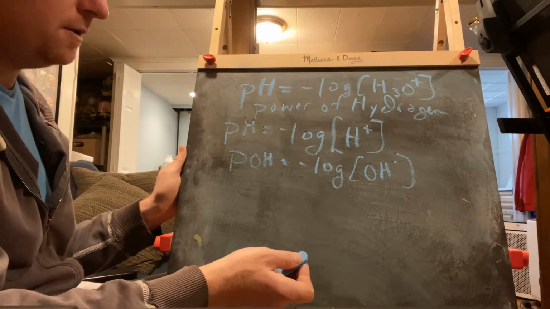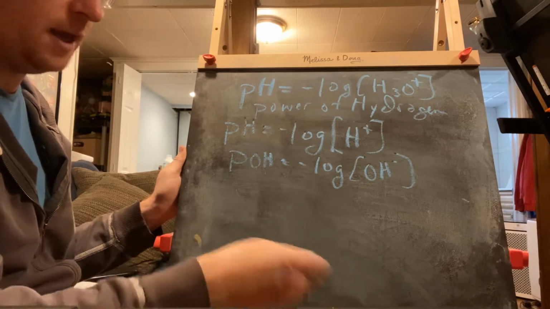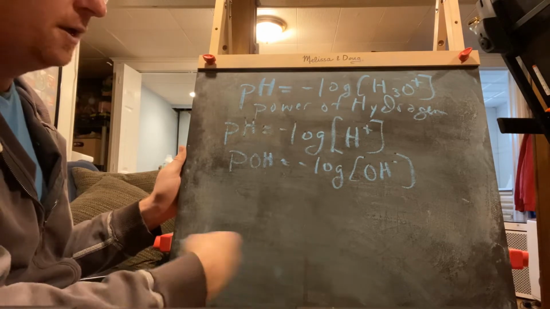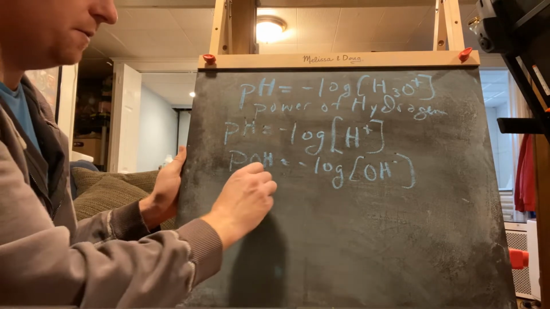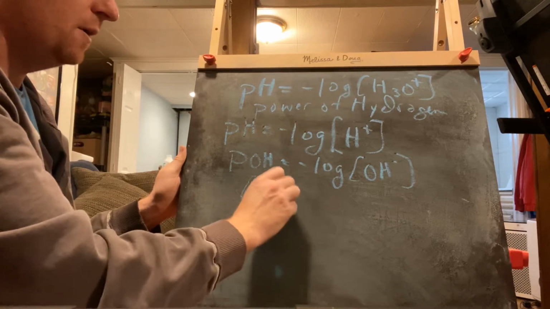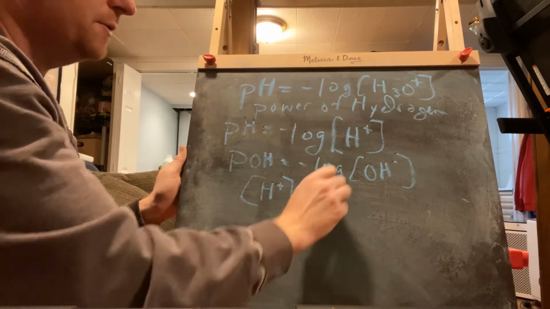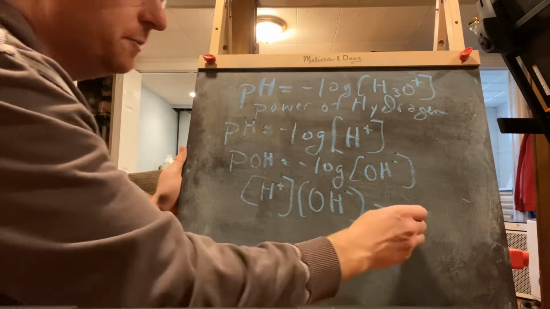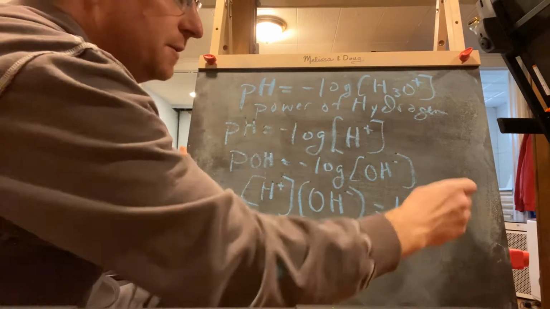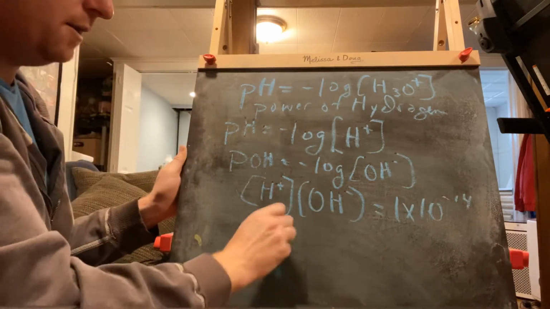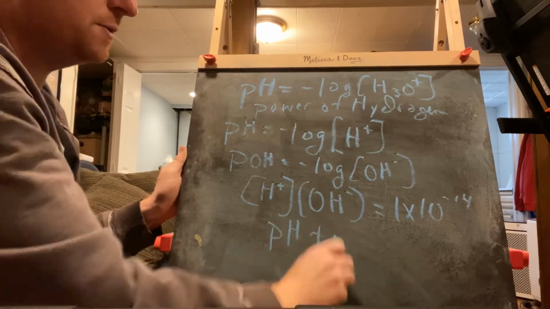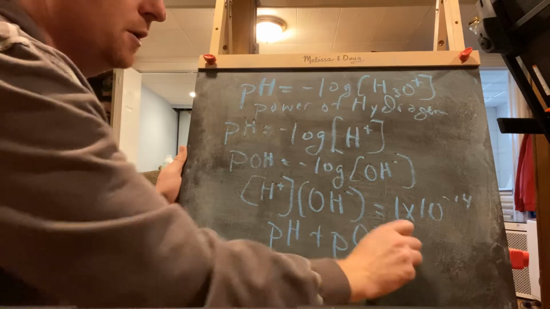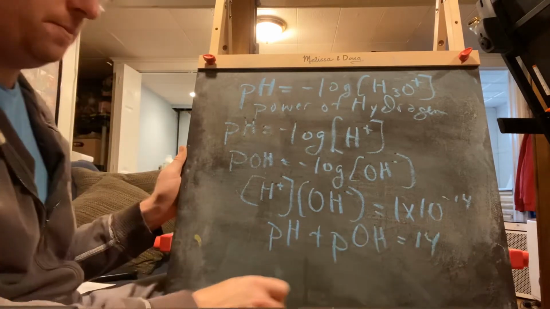Then I could do all the Ks and these reactions, but you should probably memorize these equations as well. H plus times OH minus is 1 times 10 to the negative 14th, and pH plus pOH equals 14.